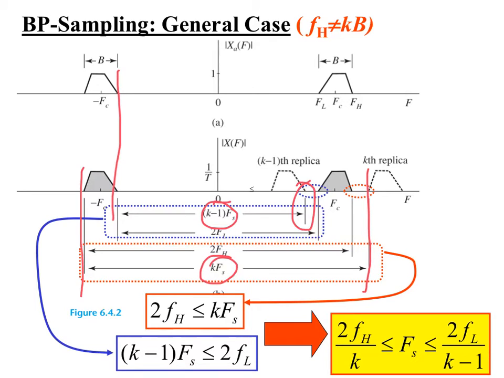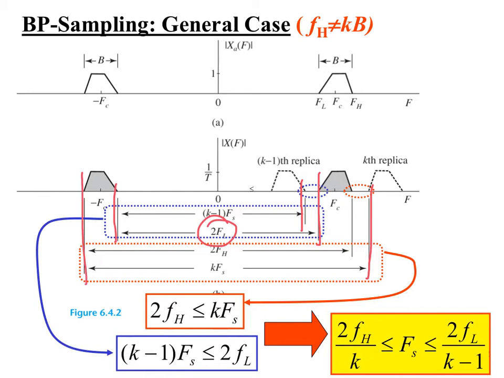Let me get rid of some of this stuff here first. We've got those two edges nailed down. We know where this edge is going to be, and we know where this edge is going to be, so we know what that distance is going to be. Then we know that the distance from here up to here has to be 2FL, and the distance from here up to here has to be 2FH.